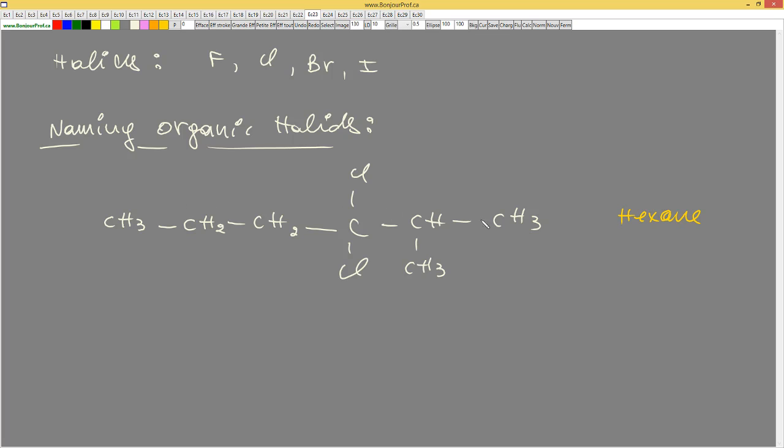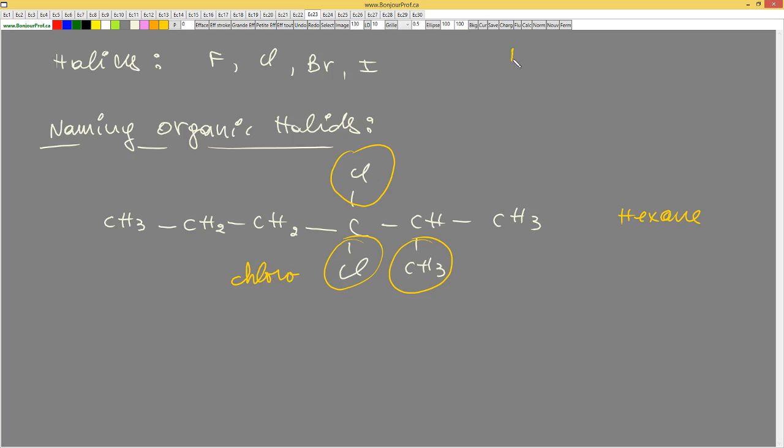And I have to number my carbons so that I have the least numbers in the side chains. I have 3 side chains. This one is chlorine, so we're going to write it chloro.